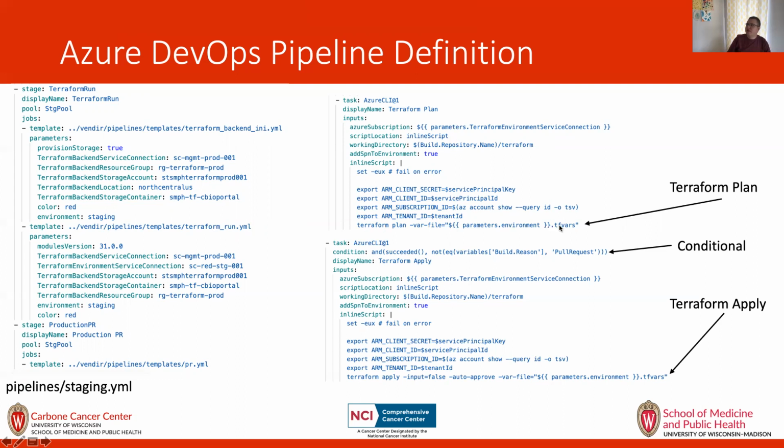We have a plan task, and then we have an apply task. On the apply task, we've added a conditional to make sure that it doesn't apply when we're doing a pull request. Again, we don't want these applies going out until the engineer is comfortable with the changes that they're going to make. So it's only on merge that the Terraform apply will run.